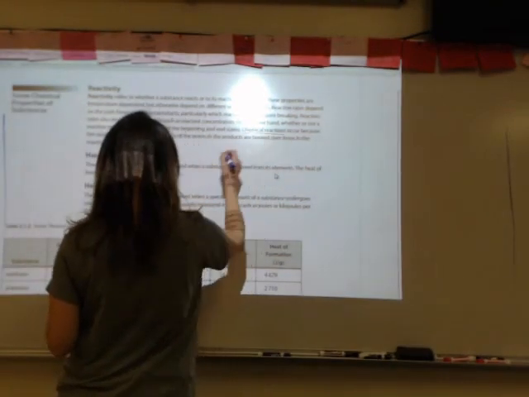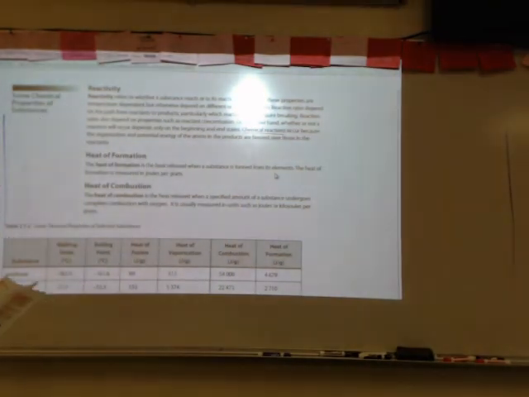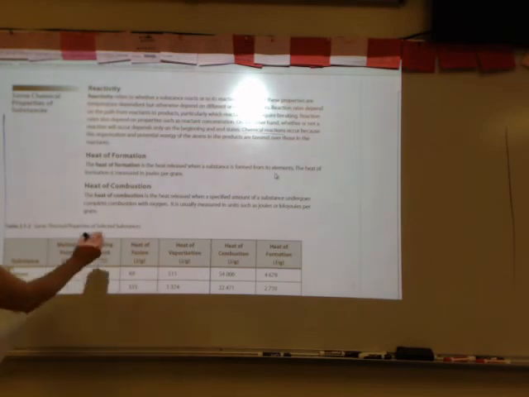Chemical reactions happen because the organization and potential energy of the atoms in the products is more favored than it is for the reactants. Now there are a couple of thermal properties that we need to talk about: the heat of formation and the heat of combustion.